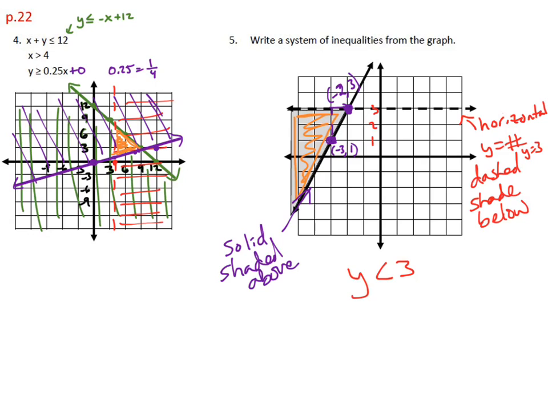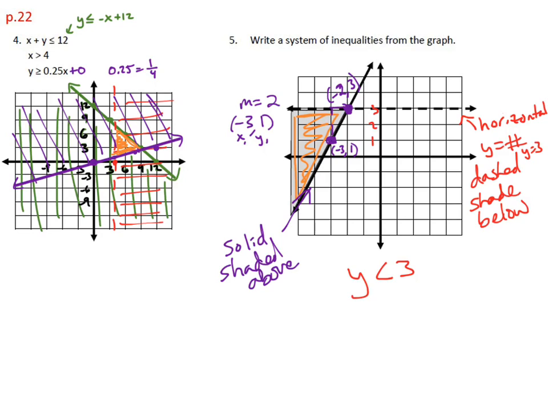So I can see that I have a slope of 2, counting up 2 to the right 1, or you could use those two ordered pairs. But we need to figure out our y-intercept. So I'm going to use the point -3, 1 as my x1, y1 in point slope form.